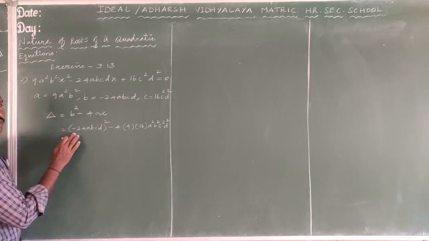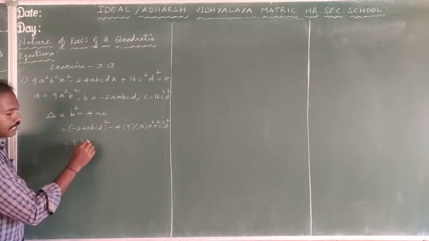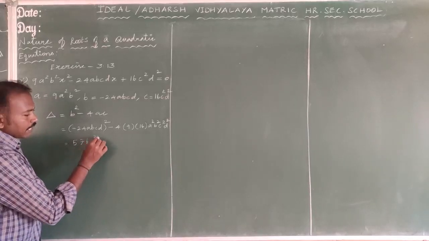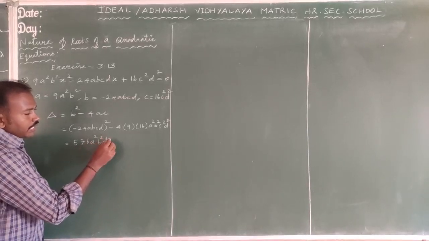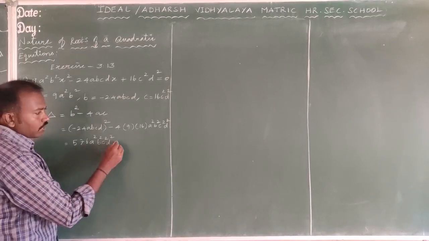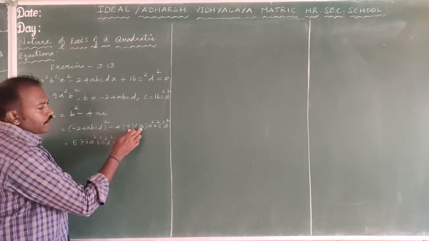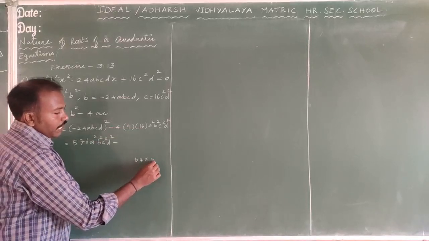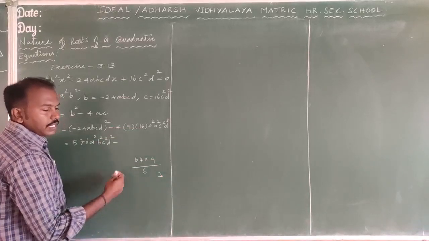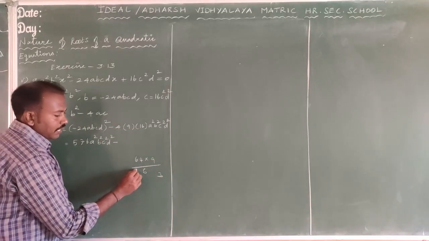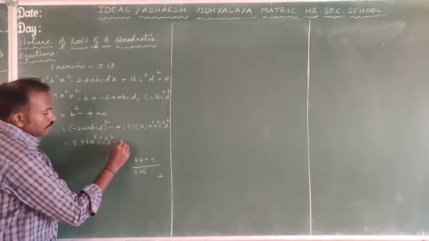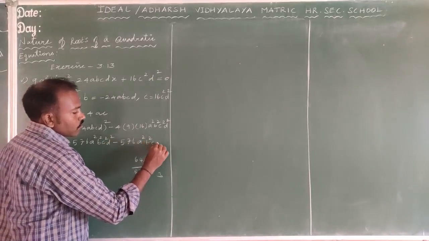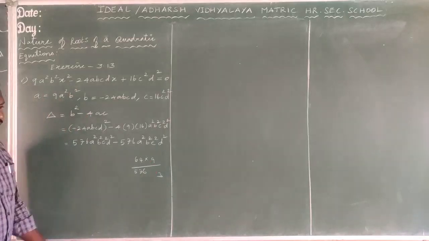So 24 into 24 is 576, minus into minus plus, 576 a square b square c square d square minus 16 fours are 64, into 9, fours are 36, remainder 3, 9 sixes are 54 plus 3 is 57, that is 576 into a square into b square into c square into d square.